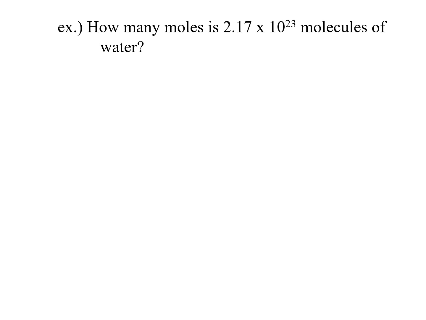Write down on your paper 2.17 times 10 to the 23rd molecules H2O. By the way, if you want to abbreviate molecules, you can do that. But you can't use MOL, because that already stands for moles. You can't use MOLE, because that also looks like moles. So you'd have to write at least MOLEC if you want to abbreviate molecules. Or you can just write the whole word out.